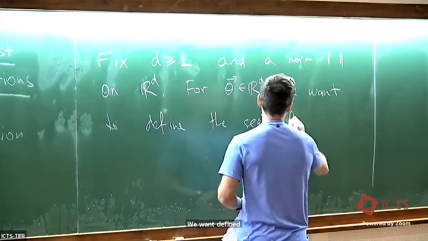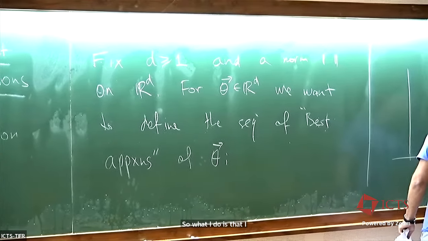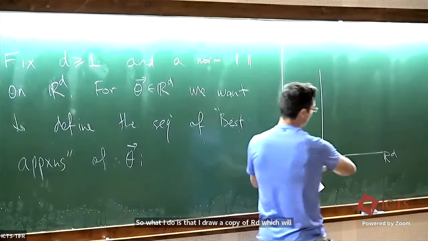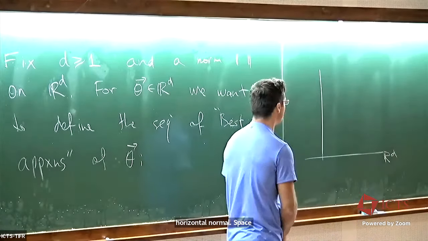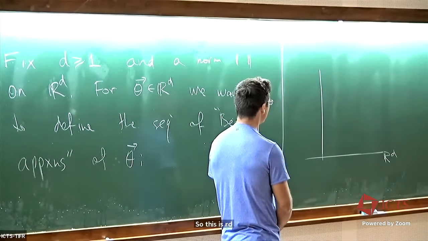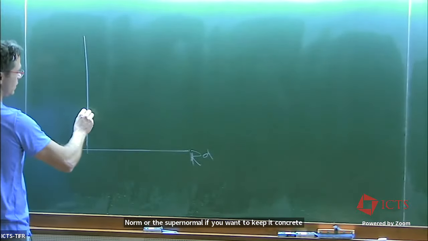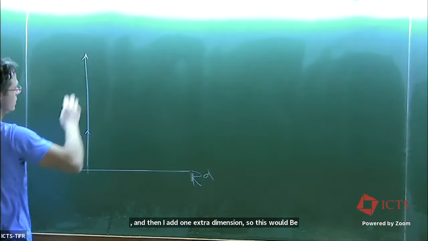So what is that? Let me define it first using a picture and then maybe write a formula. I draw a copy of R^d, which will be horizontal, a normed space. So this is R^d equipped with the norm. You can think of the Euclidean norm or the sup norm if you want to keep it concrete. And then I add one extra dimension, so this would be R^(d+1).